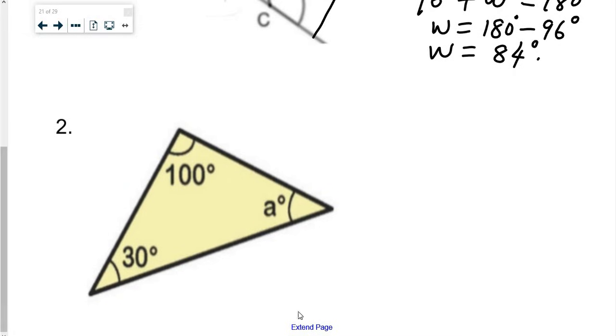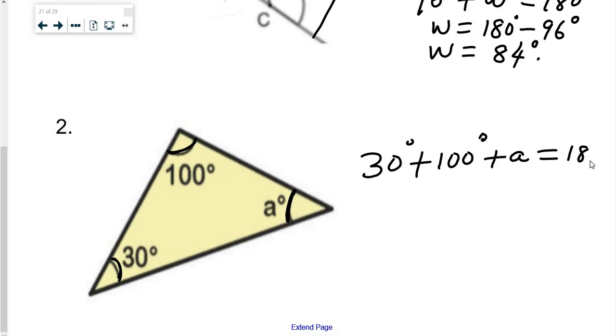Next question is angle sum property of a triangle, finding the third angle of a triangle given the two angles. So angle sum property of a triangle says that 30 plus 100 plus A, answer should be 180 degrees.